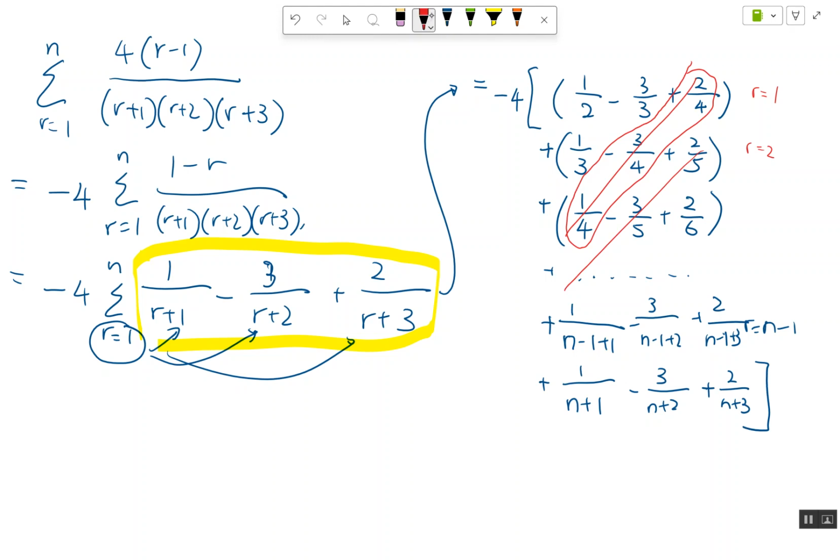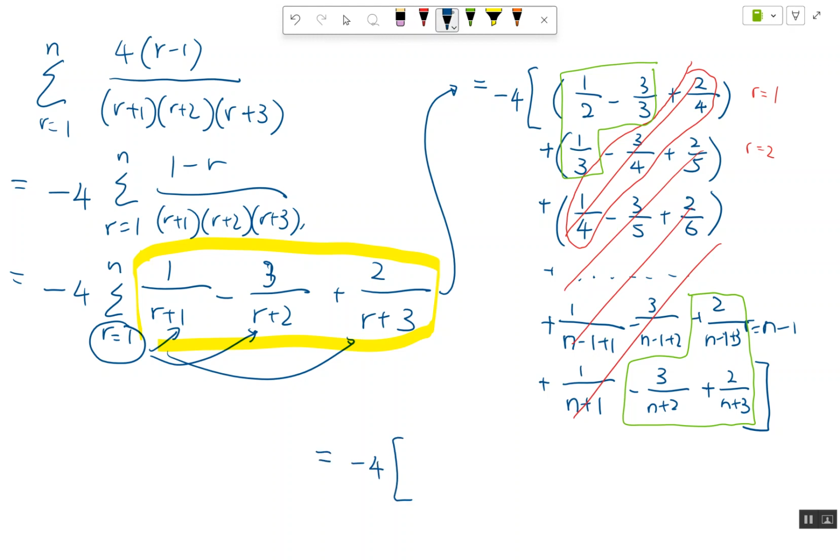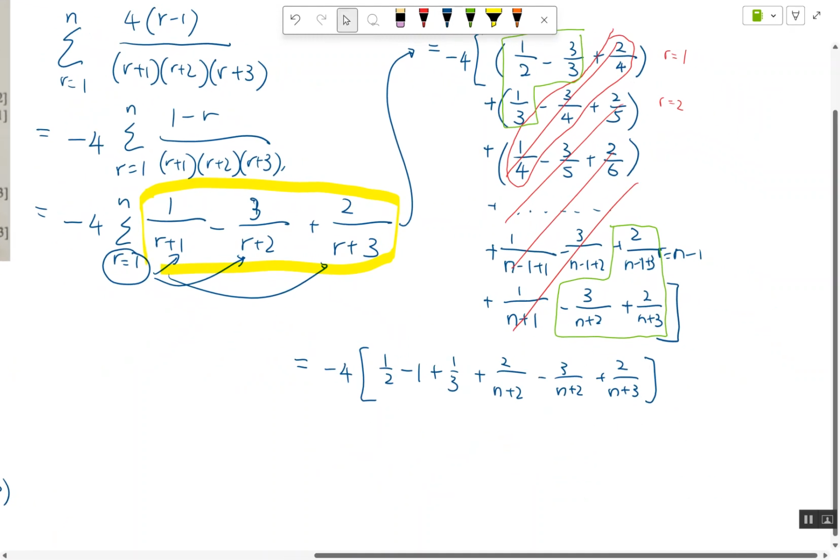I keep the last one and do my cancellation. If there are 3 terms that are going to be in this triangle like this way, there will be the other 3 terms that are going to be kept on the other side, because the cancellation will just go through this way and this way. Therefore your final answer is negative 4. The first 3 terms are half minus 1 whole plus 1/3, and the last 3 terms are plus 2 over n plus 2 minus 3 over n plus 2 plus 2 over n plus 3. All you need to do now is to simplify them.